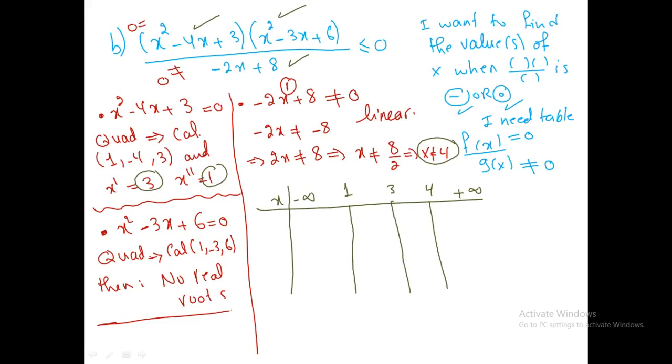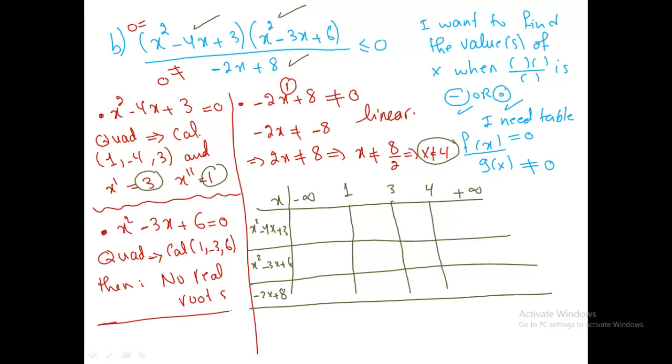The first one, x squared minus 4x plus 3. The second one, x squared minus 3x plus 6. The third one, minus 2x plus 8. And then I will take the result, f of x.